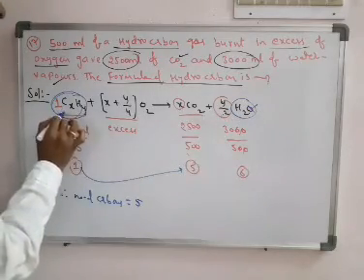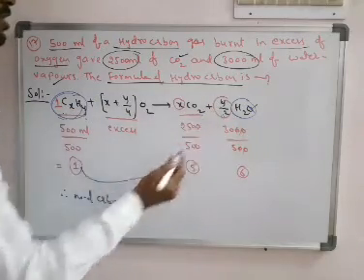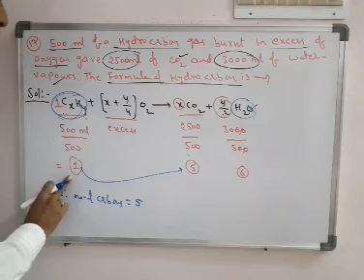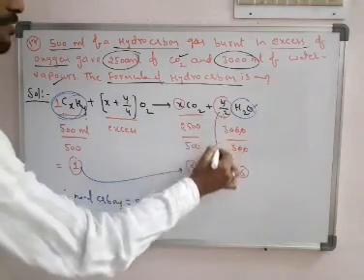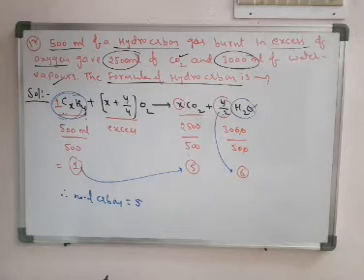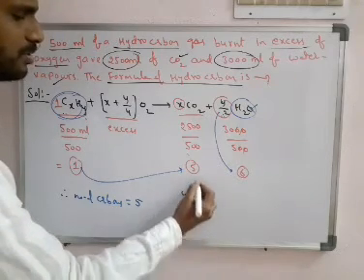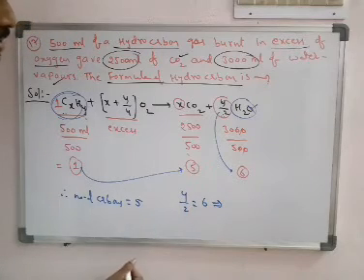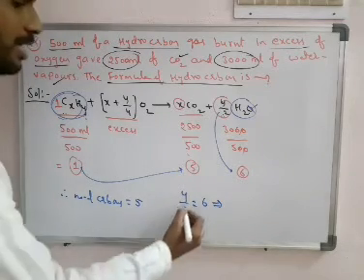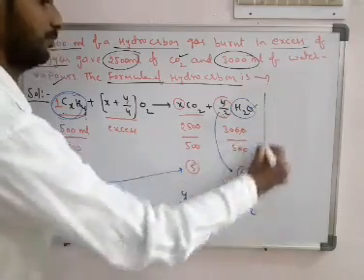So 1 mole of hydrocarbon gives y by 2 moles of H2, and 1 mole gives 6 moles of H2O. So y by 2 is equal to 6, and therefore y is equal to 12.